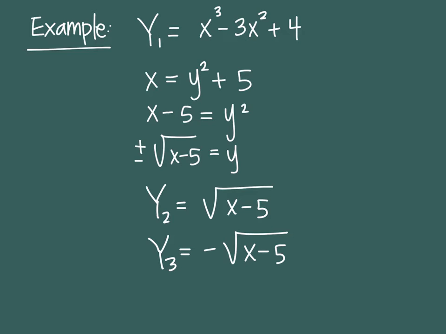So let's add those. Go ahead, you can unhighlight or clear out y1. We won't need that anymore. You'll have square root of x plus 5 and negative square root of x plus 5.